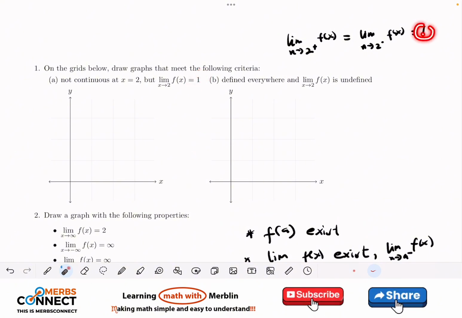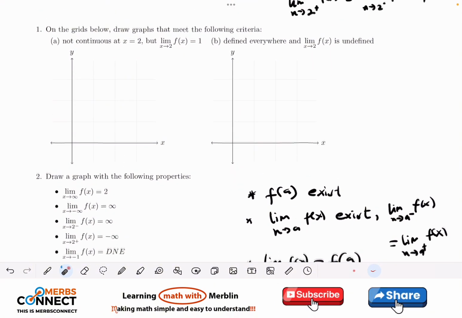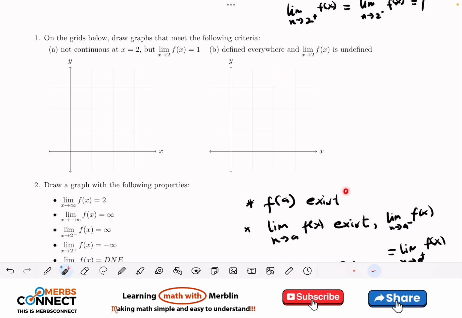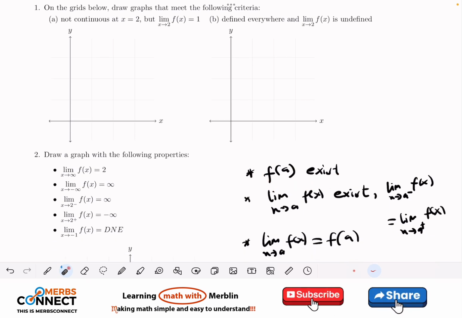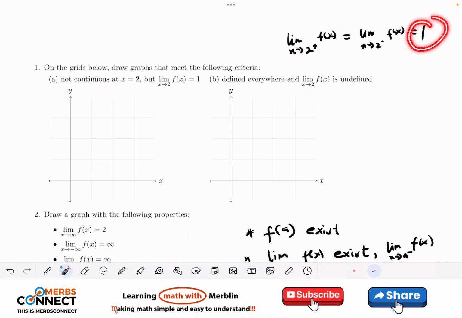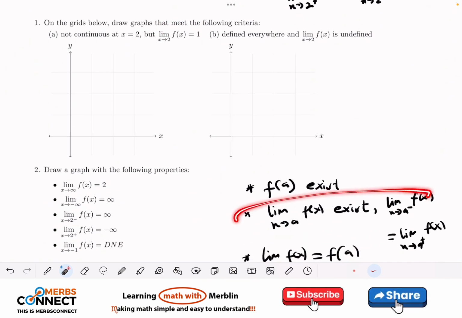That's the reason why we can conclude that this is equal to 1. Now the function is not continuous at x equal to 2 because now we know that this exists, good, but it can be that this does not exist, or this exists but is different from 1. So since we have this one equal to 1 and this one equal to 1, it means that we have property 2 here satisfied.